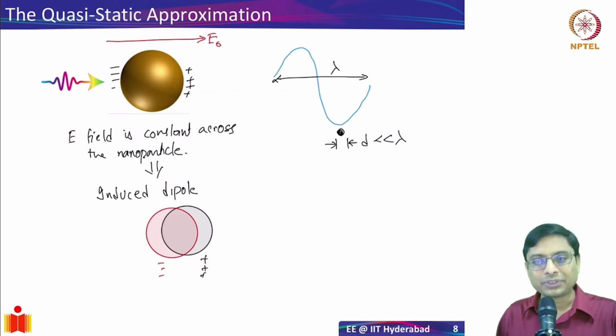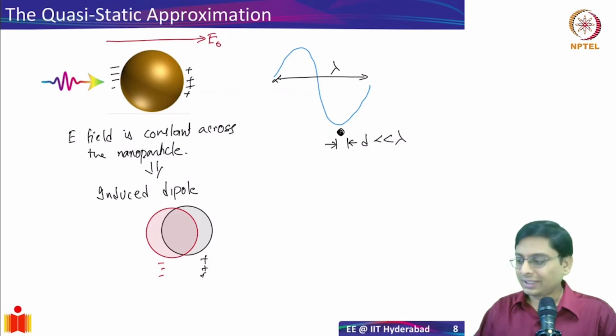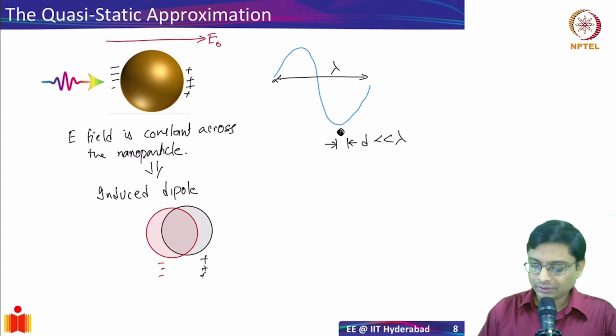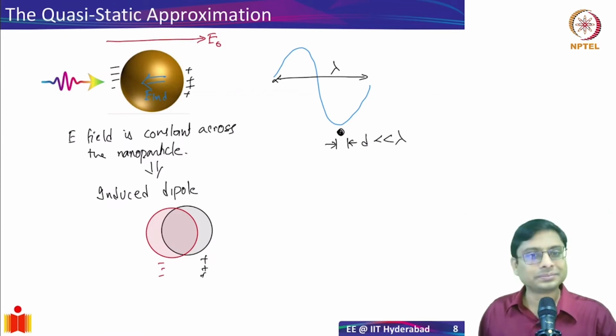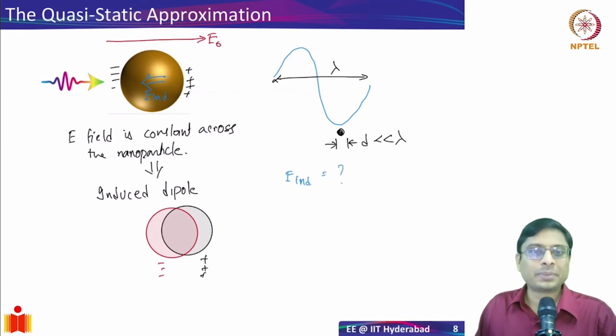When such a scenario happens, there is this induced dipole that is created because of the net positive and negative charges, and there is an induced electric field. So within the nanoparticle there will be an E induced. And how much is this E induced? Well, if you look at basic electrostatics, we know that the electric field inside the metal has to be 0.